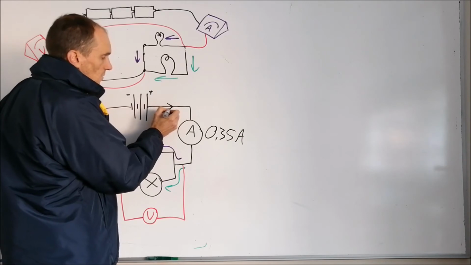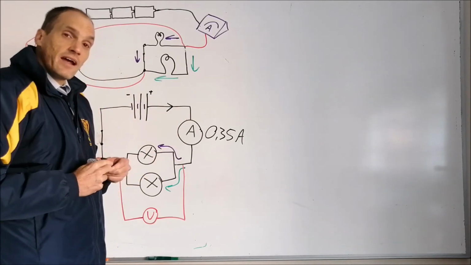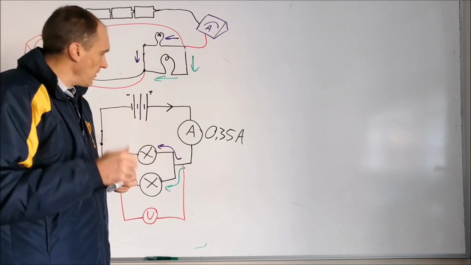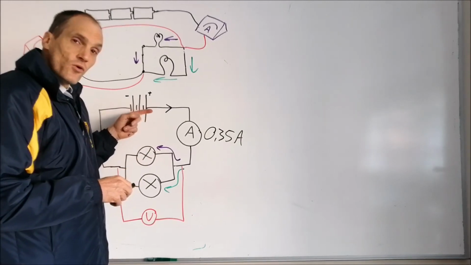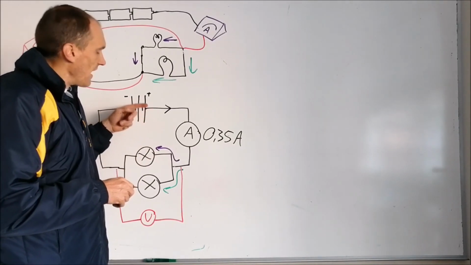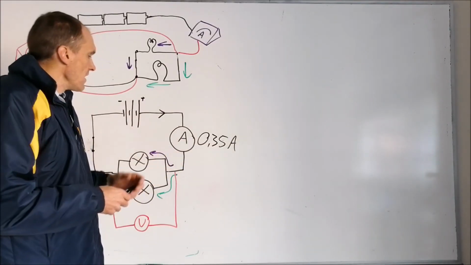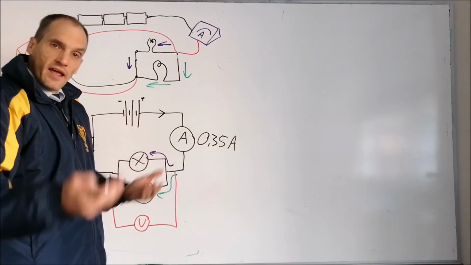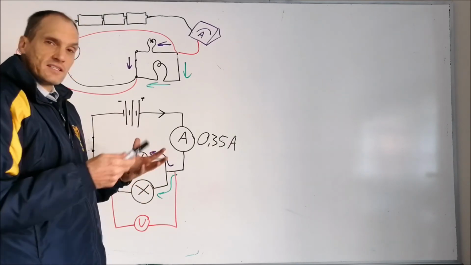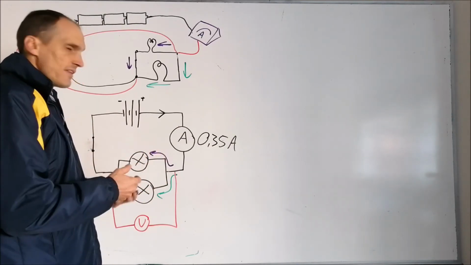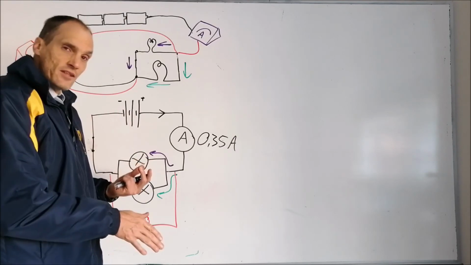And hence, when we represented the direction of conventional current flow, we still draw the arrow as if current is flowing out of the positive terminal of the battery. Okay? With subsequent discoveries, as time went on, we now know that it's actually electrons that are flowing, and the electrons actually do flow in the other direction.